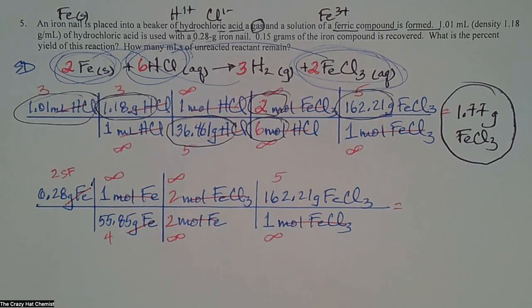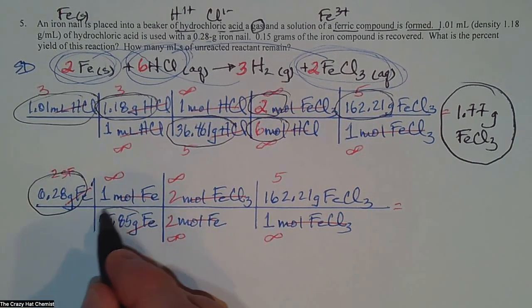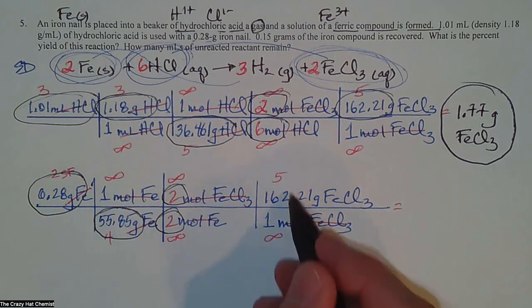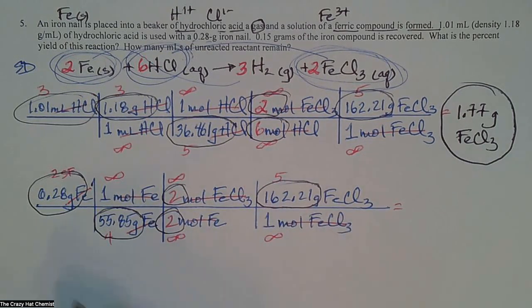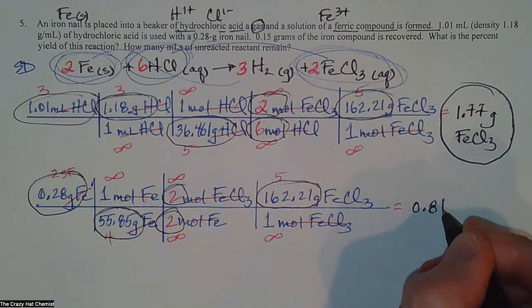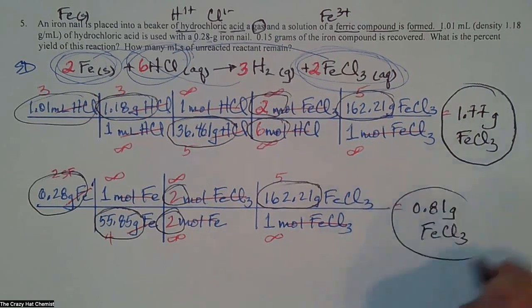So the fewest number of significant figures I have is 2. So in my calculator, I'm going to take 0.28 divided by 55.85 times 2 divided by 2 times 162.21, and I'm going to get the number 0.81 grams of FeCl3. I'm going to circle that.